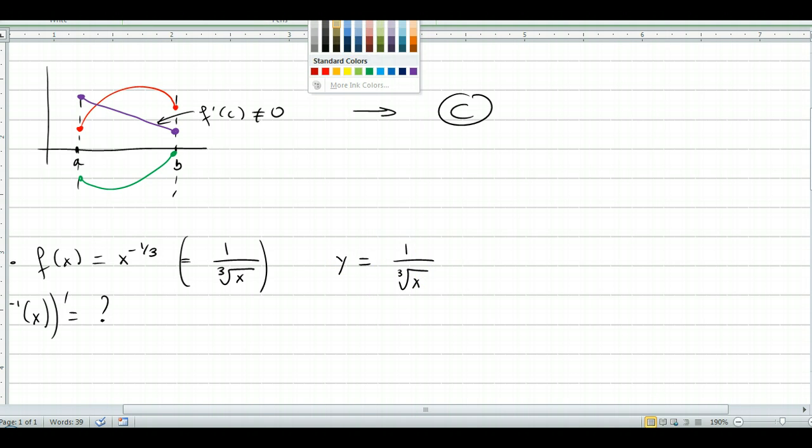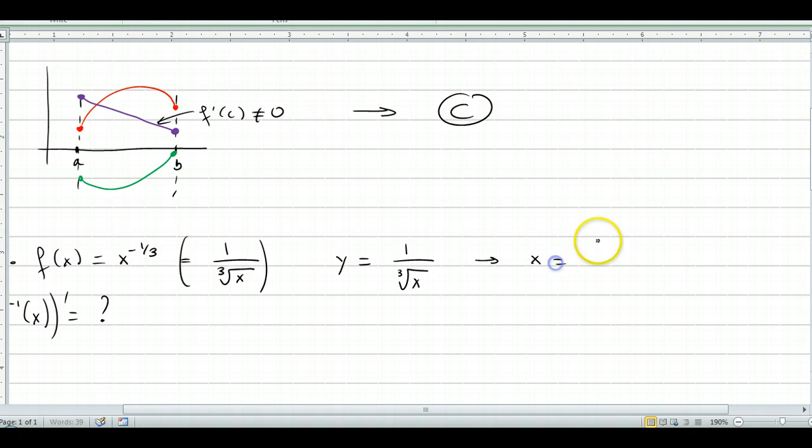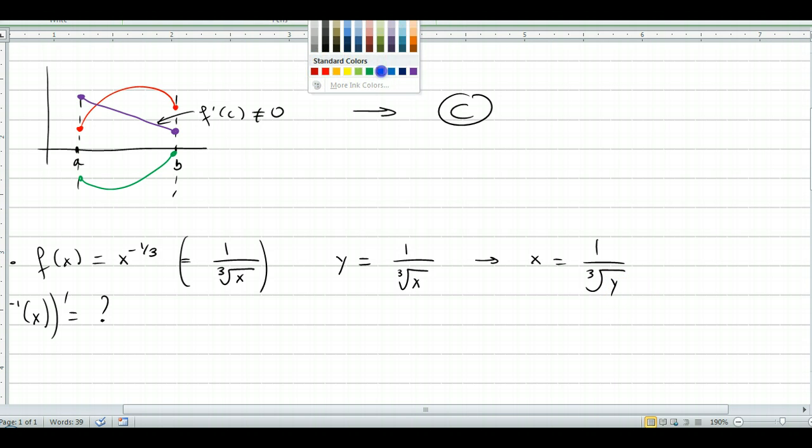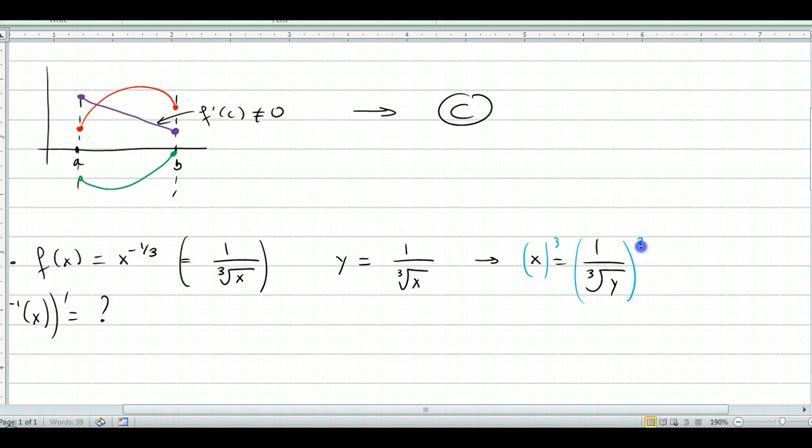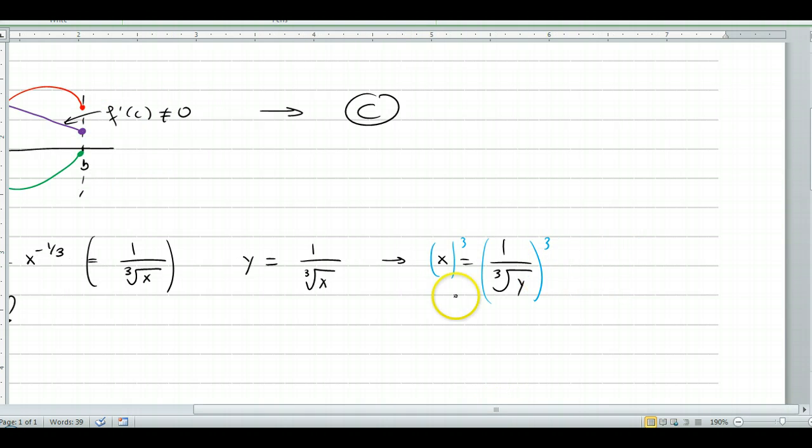You know, the first step is you switch x and y. X equals 1 over the cube root of y. Second step, you solve for y, right? So cube both sides, x cubed equals 1 over y, and so y equals 1 over x cubed, and this is actually my f inverse.